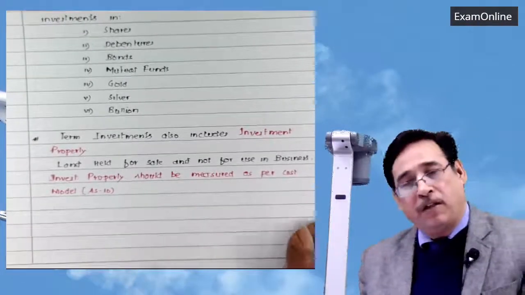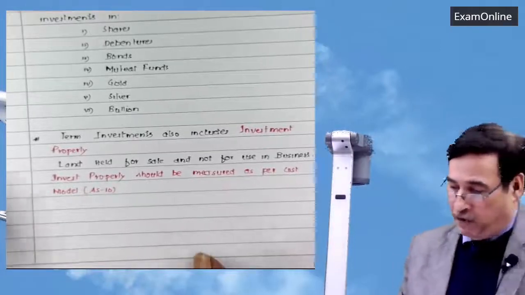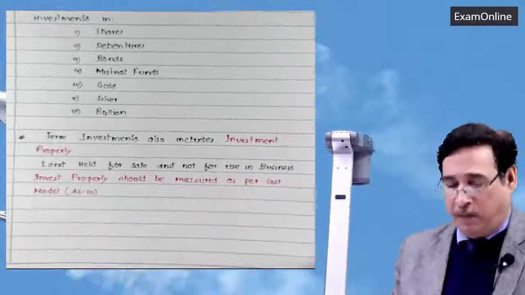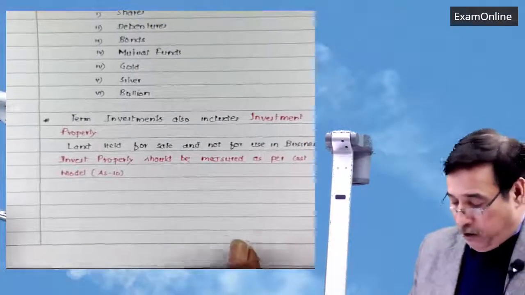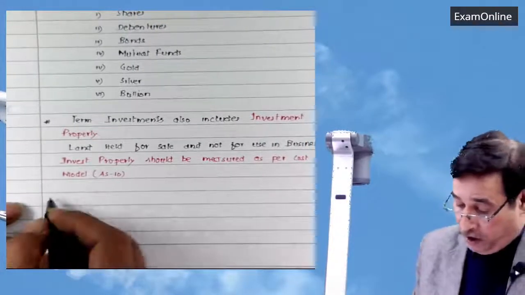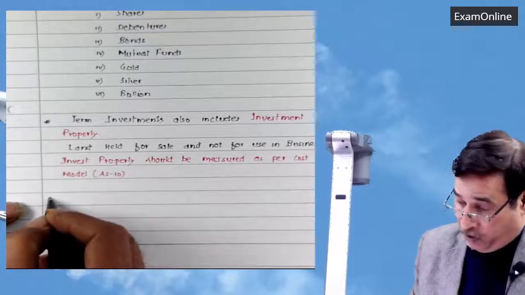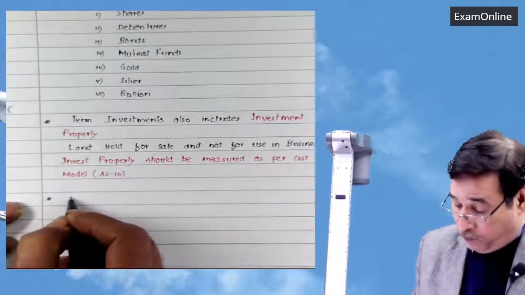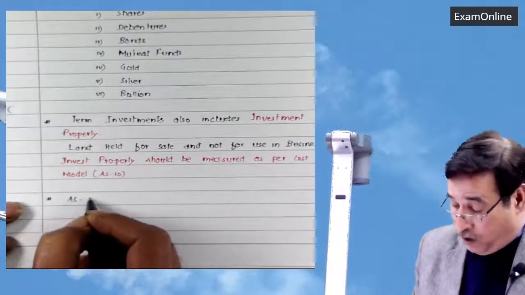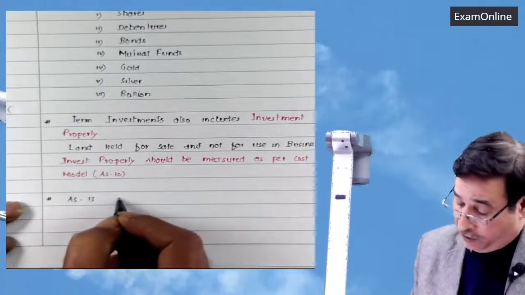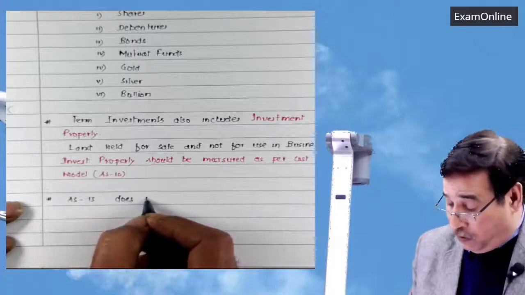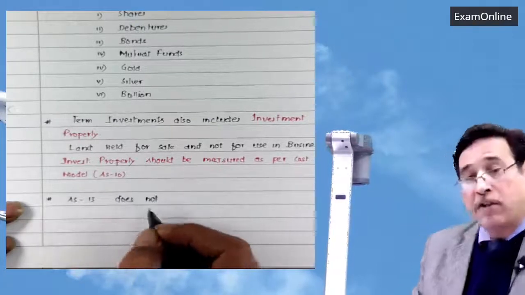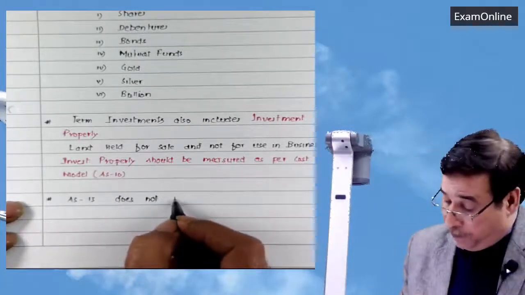Anyway, the point here is that you need to know what exactly the investments are. Investment is pretty wide, as you must have seen by now. Also, we need to know that AS13 does not apply to certain things; there are always some exclusions.